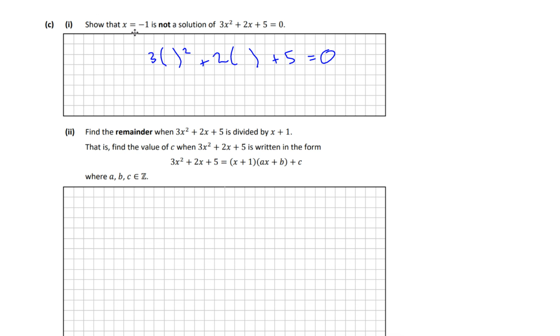Okay, so we plug in our value of minus 1 now. And we have minus 1 squared is 1, times 3, so that turns out to be 3. 2 by minus 1 is minus 2, plus 5. We're going to see, does that equal 0? Well, that's 3 minus 2, which is 1, plus 5, so 6, is not equal to 0. So it's not a solution.